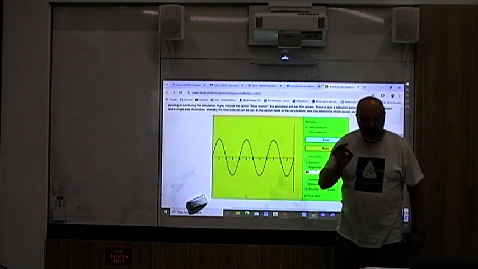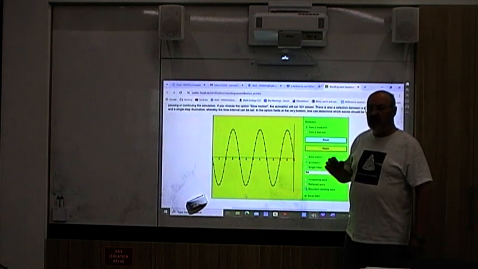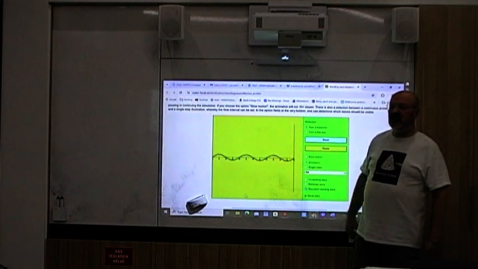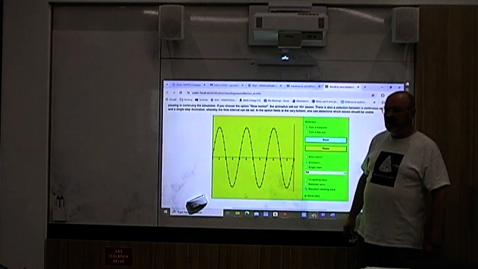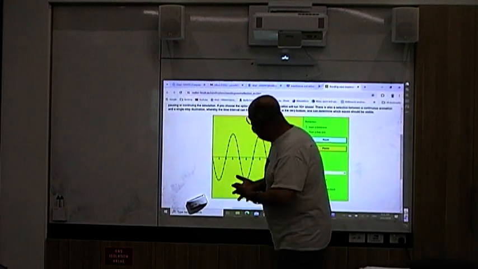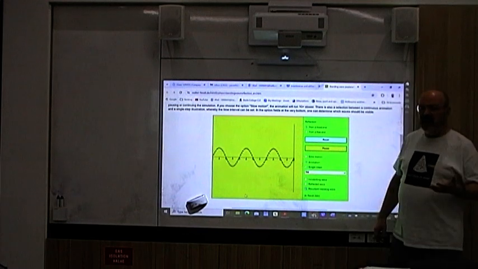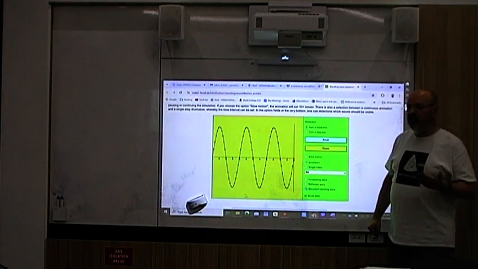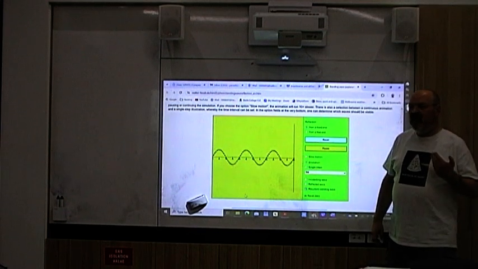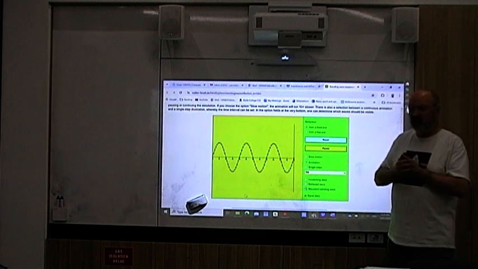So, conditions to create a standing wave. Make a note. And it's not only on the string in general. A standing wave is created when we have a traveling wave and a reflected wave.